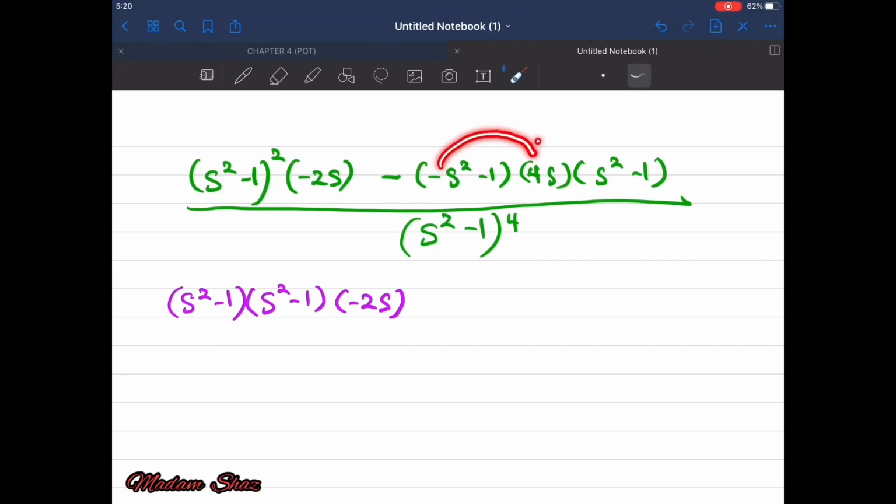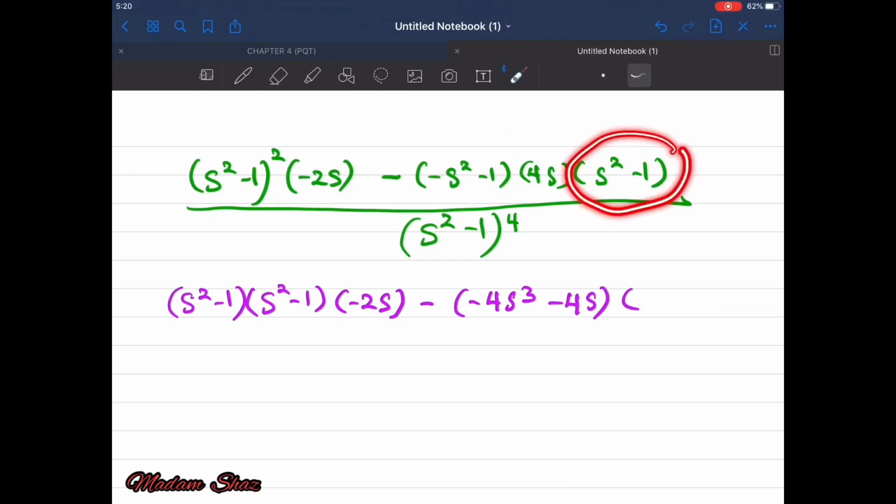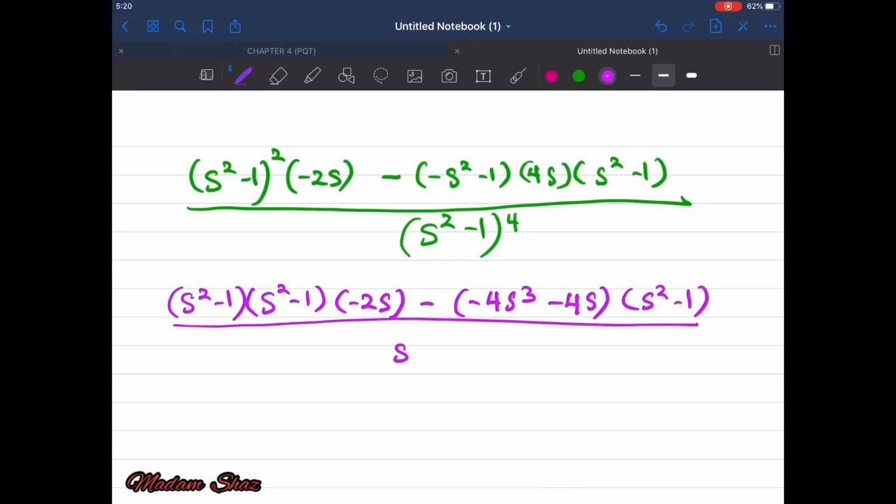Negative s square multiply with the 4s will become negative 4s the power of 3. Negative 1 multiply 4s will become negative 4s. Multiply with s square minus 1. Divide the whole thing with s square minus 1 the power of 4.